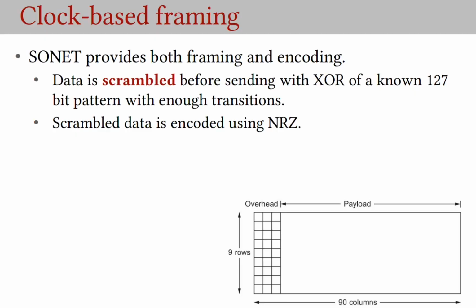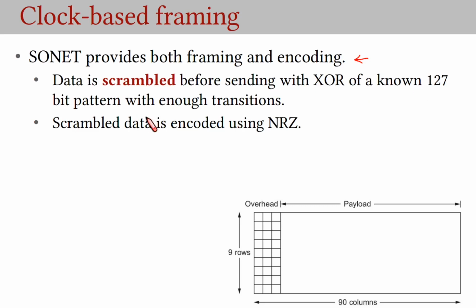Sonnet provides both framing as well as encoding. In Sonnet, data is scrambled before sending, and by scrambling, what we mean is that the data is XORed with a known 127-bit pattern, right?